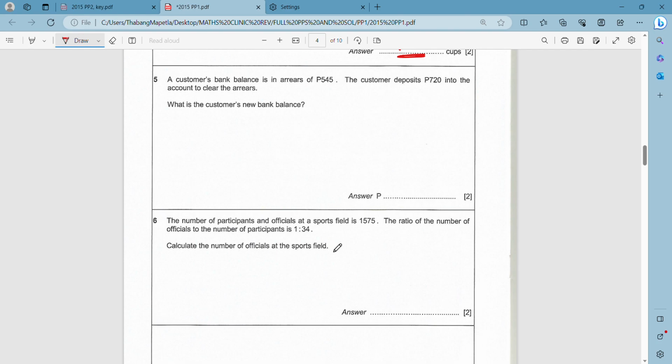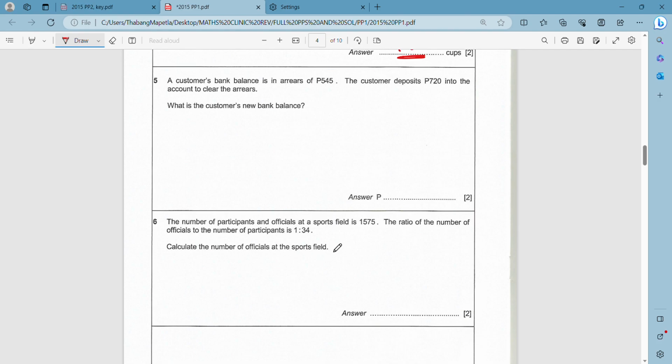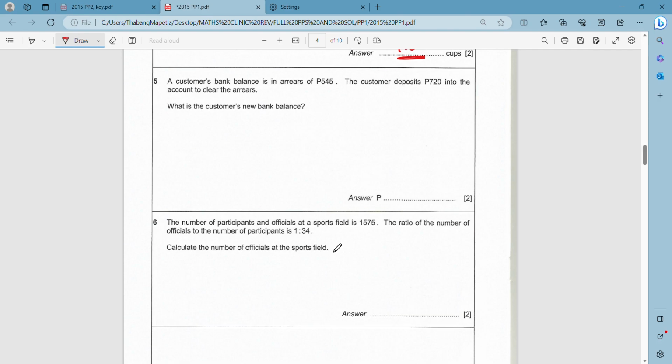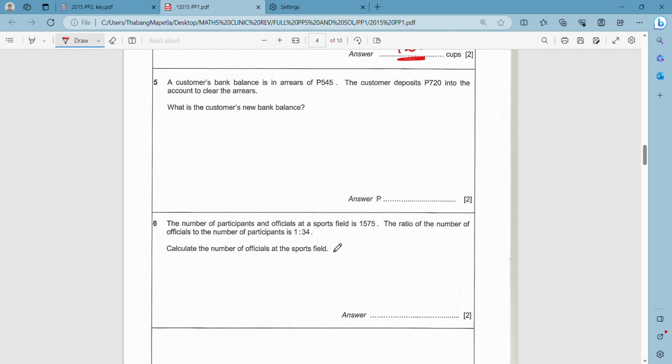Yes, the negatives. A customer's bank balance is in arrears of 545. The customer deposits 720 into the account to clear the arrears. The arrears are the negatives, remember. These are simply the bank charges, or when you have bought something in installments, and they have to deduct their money from your account and they find nothing, they will deduct and you remain with negative.